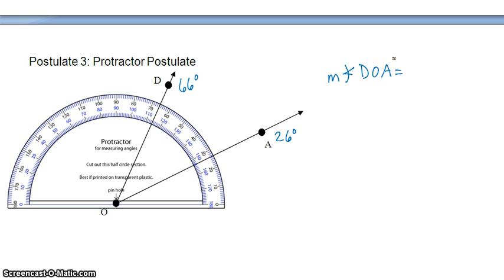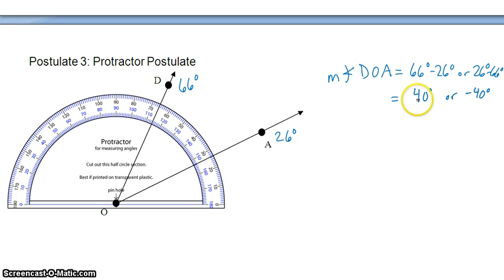And similar to the ruler postulate, I have to come up with a way that works whether I take 66 minus 26 or 26 minus 66. 66 minus 26 is positive 40. 26 minus 66 is negative 40.